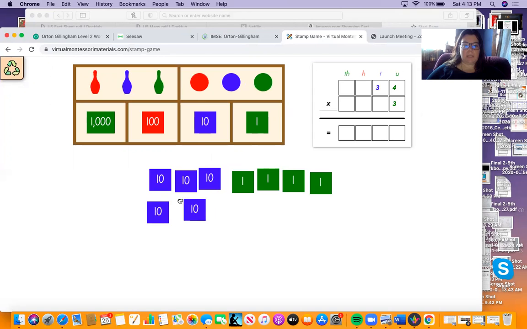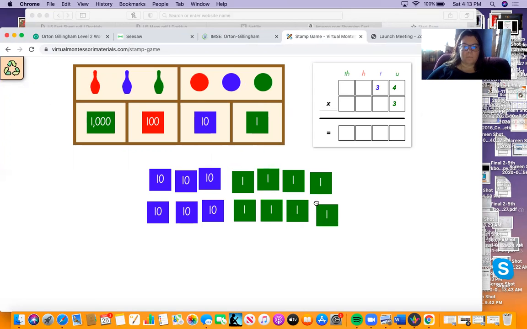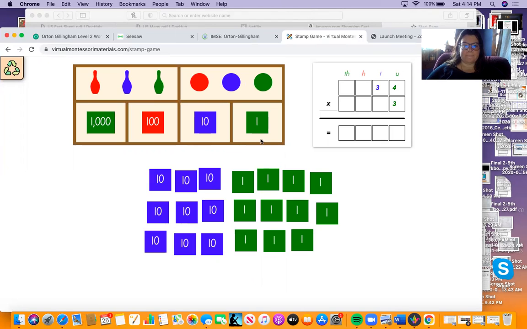So essentially it's like adding 34 plus 34 plus 34. Okay. So as you can see, we have 3 groups of 34. And now we're putting them together, we're adding them.